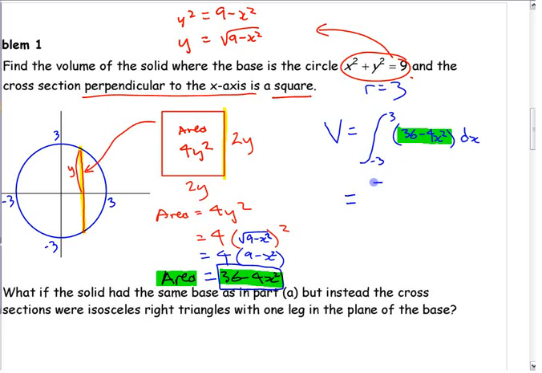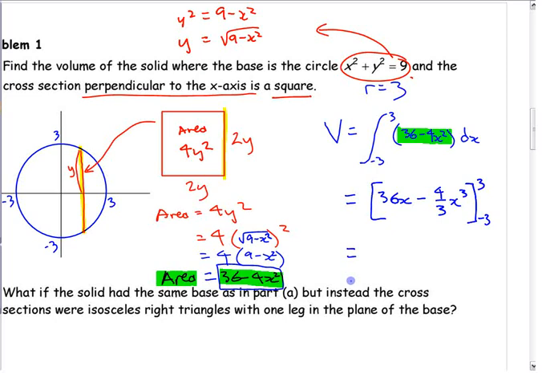If you were doing it algebraically, you'd have to find an antiderivative of this: 36x minus 4/3 x cubed, right? I think. Is that correct? I'm pretty sure. And we have from negative 3 to 3. If you didn't want to do all that calculating, you could, again, times it by 2 and start at 0 instead.